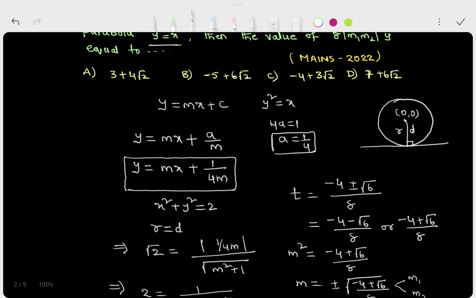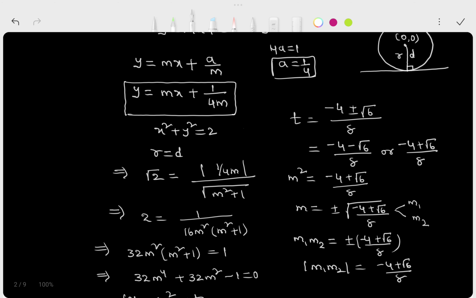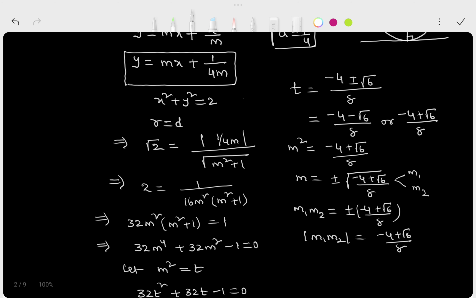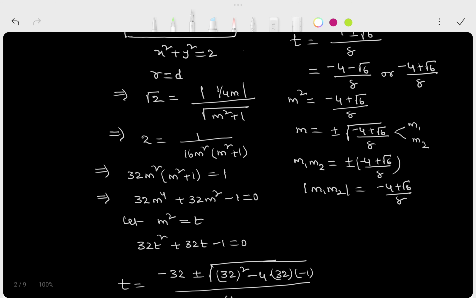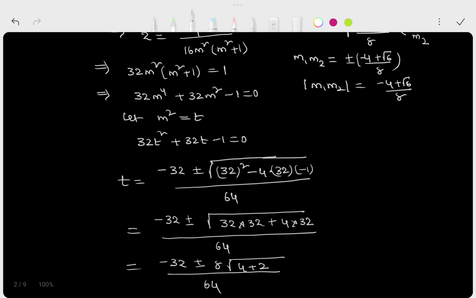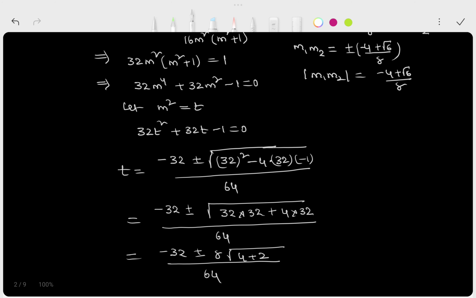Is there any difference? This one is divided by 8 into root over 4 plus 2.